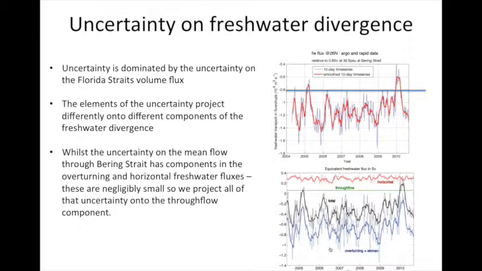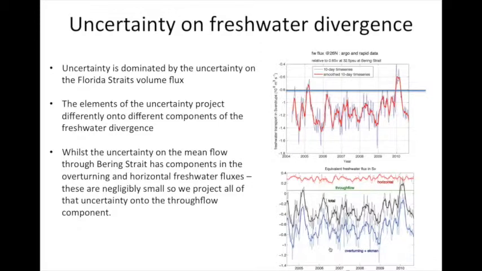And the elements of the uncertainty, so I've just put here again the freshwater flux, and then this is the freshwater flux put into components. The uncertainty projects differently onto different components of the freshwater divergence. Whilst the uncertainty on the mean flow through Bering Strait has components in the overturning and horizontal freshwater fluxes, they're completely insignificant, and so all of it goes into the free flow component.